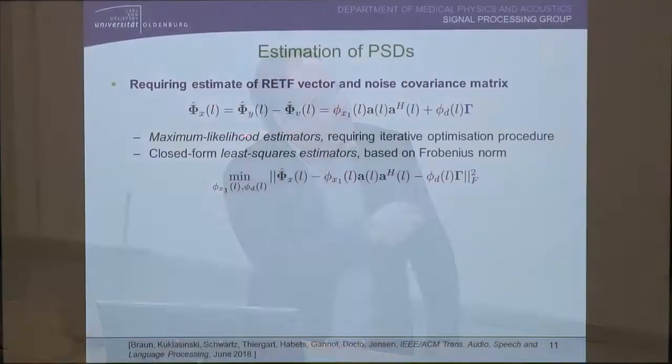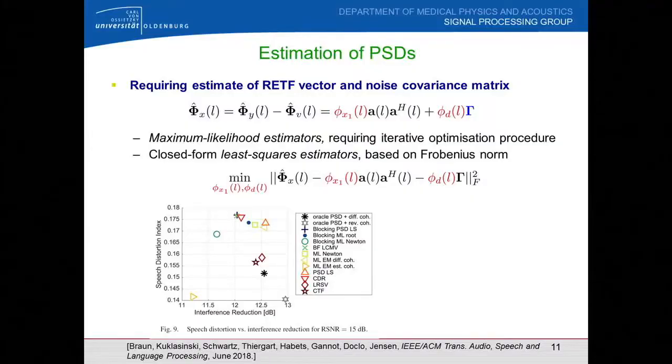And as I mentioned, there have been many, many estimators in the last couple of years, either maximum likelihood estimators or even easier, closed form least squares estimators based on minimizing the Frobenius norm between this matrix and this model. Last year, we actually published a paper with several groups where the aim was basically to compare all of these estimators, and the conclusion was maybe a little bit disappointing.